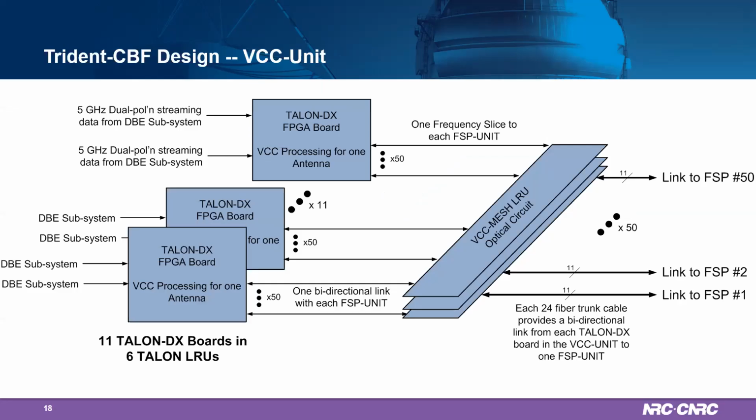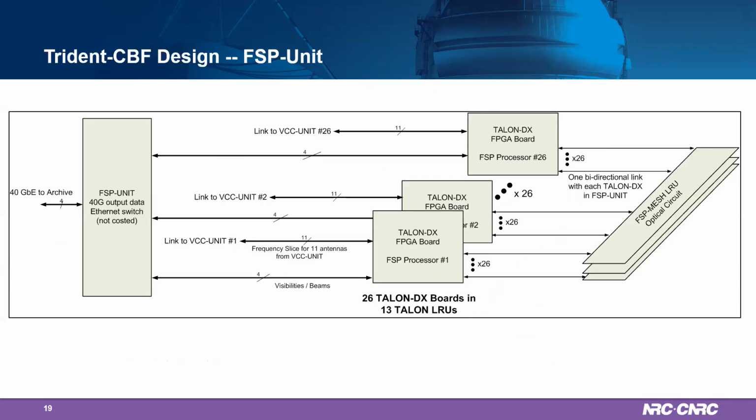Zooming in a little bit to the VCC unit, here we see the 11 Talon DX FPGA boards, which would be in 6 LRUs, one processing each antenna, going through an optical circuit, which does the amalgamation of one frequency slice for all the antennas onto one 24 fiber trunk cable that would be connected up to the FSP.